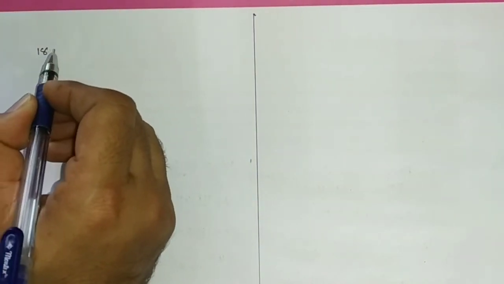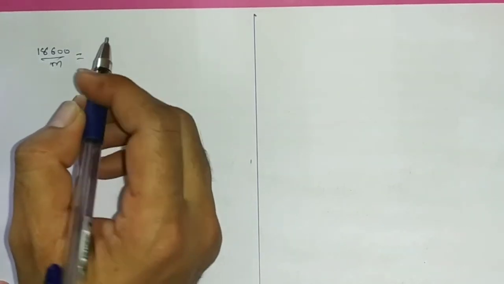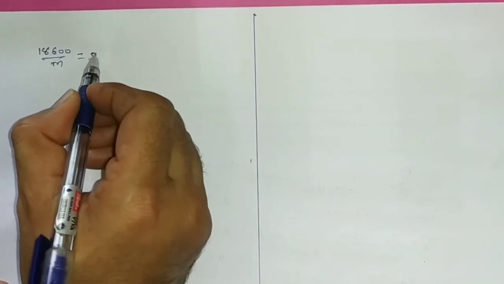So therefore we can say Wt is equal to 18,600 by m is equal to 56.